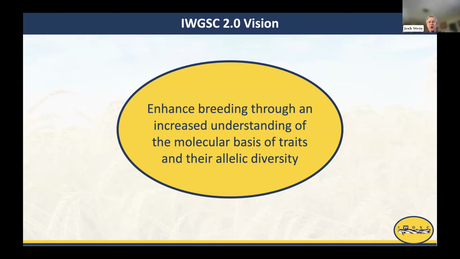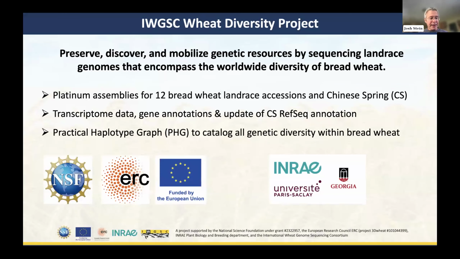So as many of you know, the IWGSC vision is to enhance breeding through an increased understanding of the molecular basis of traits and their allelic diversity. And with that in mind, I want to remind people that we have initiated the Wheat Diversity Project since last January.